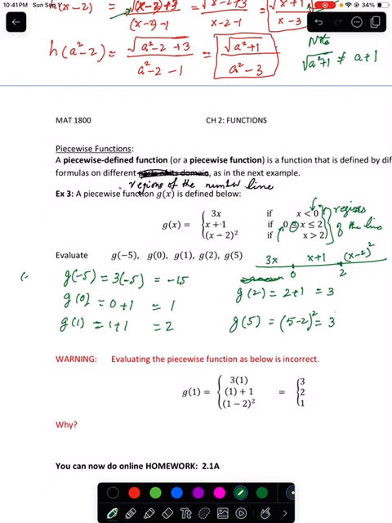Okay, so here is a warning, and this is a common mistake which students might make. This has been written here as a warning to say this is not the correct way of evaluating a piecewise function. What I mean is that you do not pick your x value and plug it in each piece, in each function given, because these functions are for different regions.